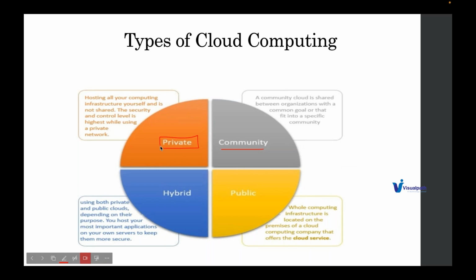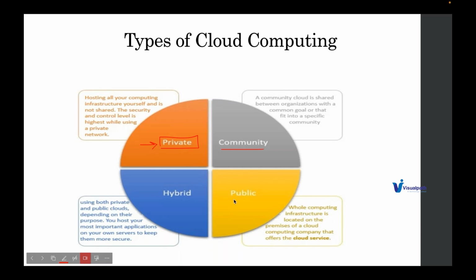Whenever you hear the terminology private cloud, you are referring to your own data or your IT infrastructure, which you are managing end to end, hosting the hardware, the operating system, your application, everything. Whatever infrastructure you have is only with you. If I want to host something on your infrastructure, I can't. It's not shared. It is your IT infrastructure, which you own and manage. That is called a private cloud.